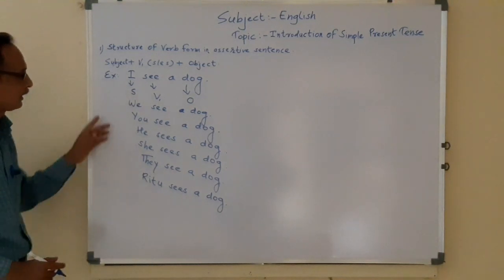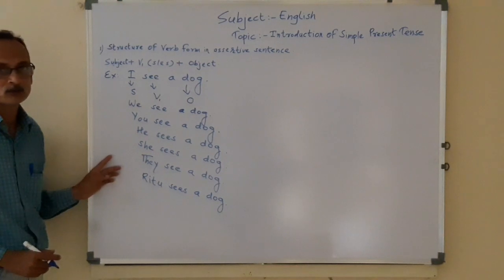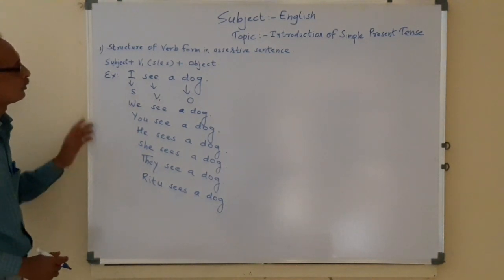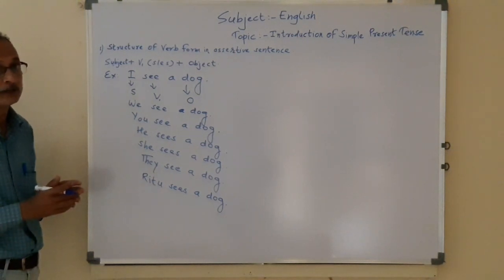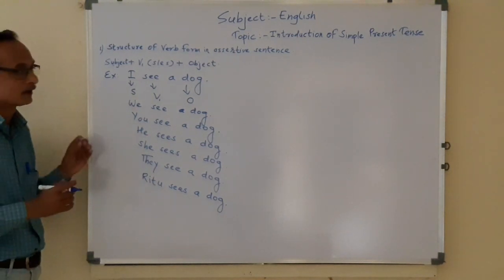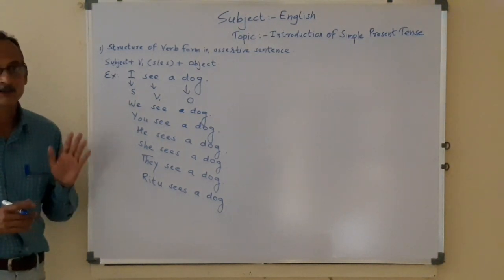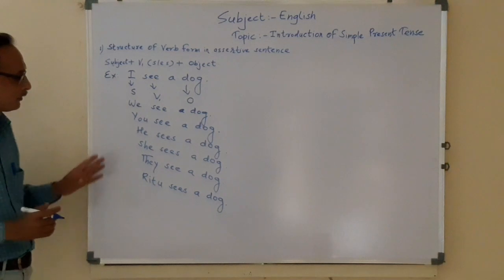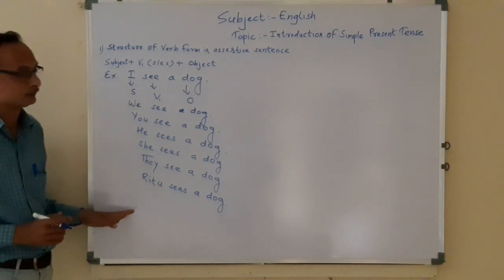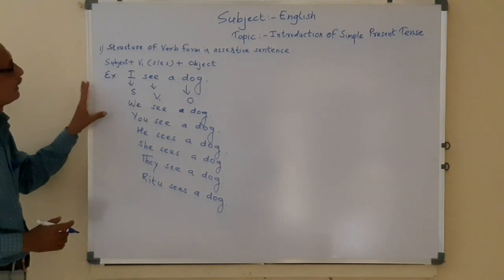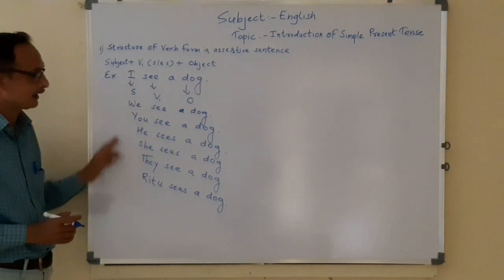So in place of the subject, we can use a noun as well as a pronoun. Whether the pronoun is first person, second person or third person, we know that in third person we use the s or es form. In that way, in simple present tense, the structure of the sentence is like that.